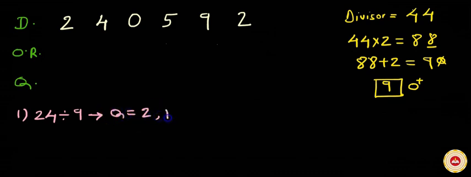Quotient is 2 and remainder is 24 minus 18, 6. Correct? So let us write quotient 2, this is the first quotient, and write remainder 6 as a prefix to the next digit, which is 0. Now read this as 60, not as 6 and 0 separately.